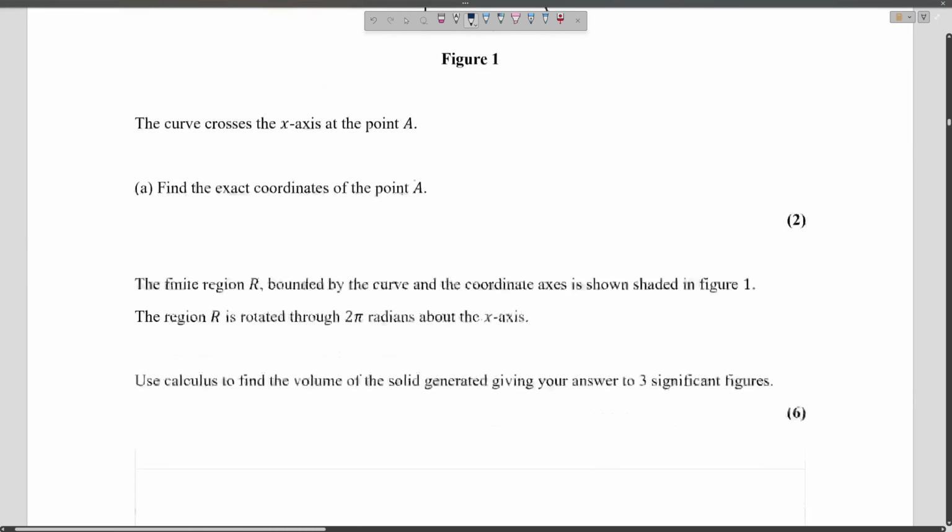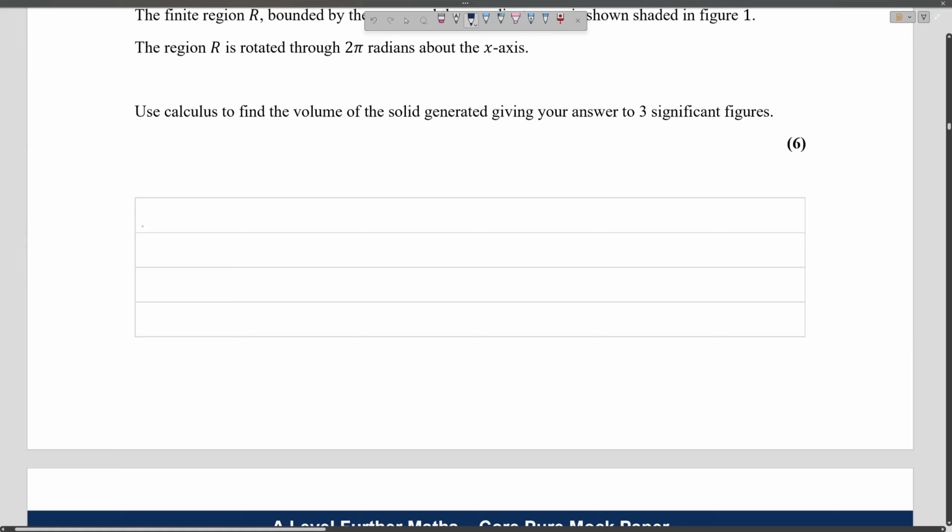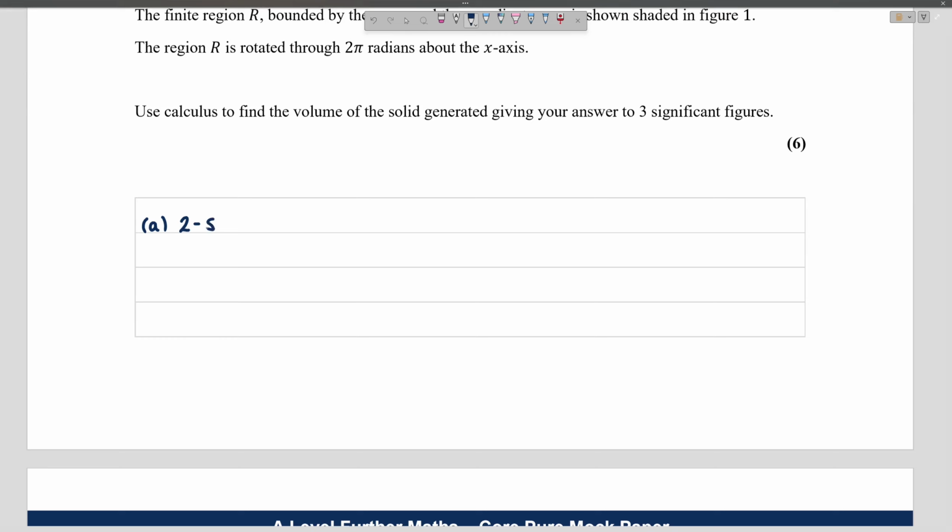So if we do that underneath here, for part A then, as we just said, right, 2 minus sin x is equal to 0. Let's just add sin x to both sides here. So sin x is equal to 2.